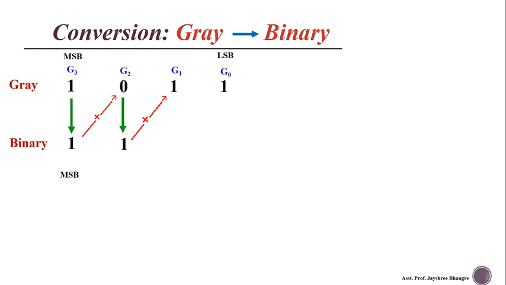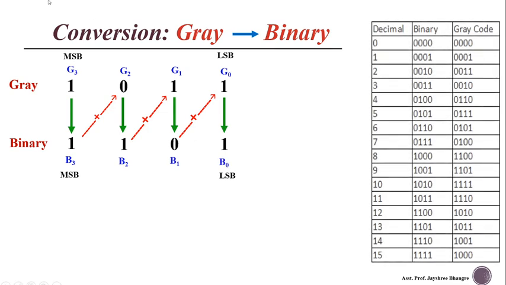As these two bits are equal, we get 0. To find the last bit of binary, that is B0, we perform XOR on B1 and G0. As these two inputs are different, we get 1. So we get the binary equivalent of this gray, B3, B2, B1 and B0.